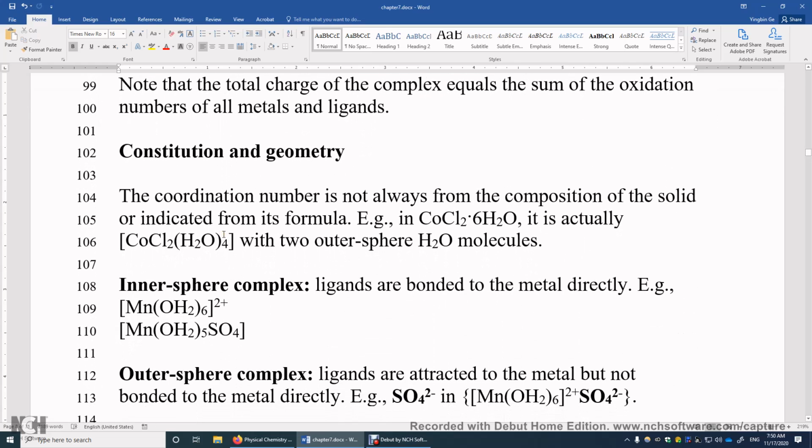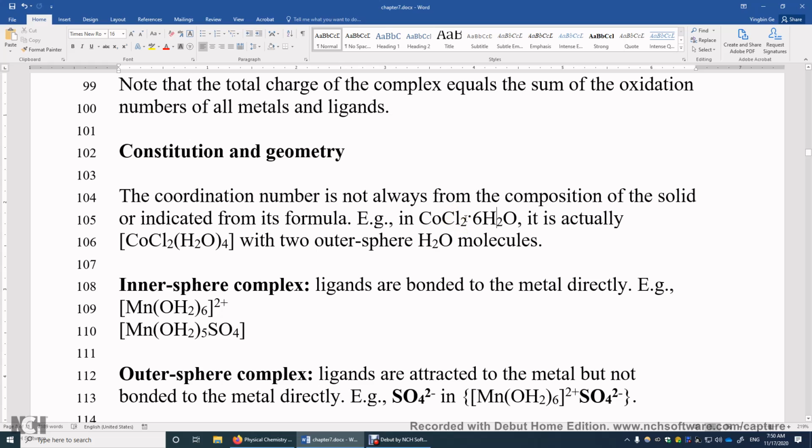Now let's look at the constitution and geometry of transition metal complexes. First, I want to remind you of this. When you see this formula, cobalt, Cl2, dot 6 water molecules, it does not tell us that this cobalt transition metal center is bonded to only 2 chlorido ligands.